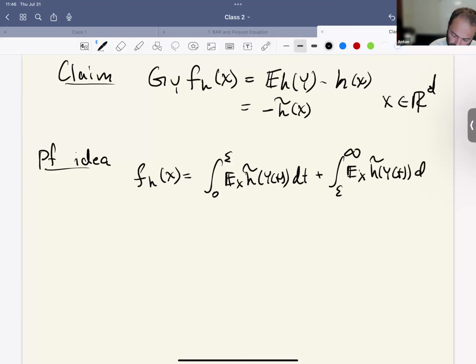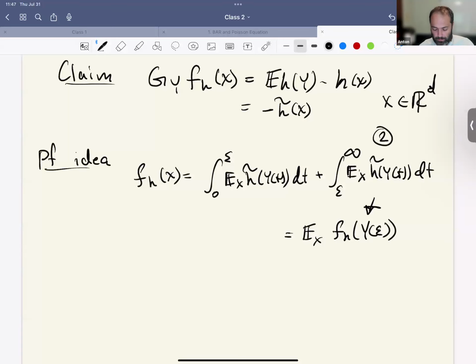This term, this is number 2 again. This equals, we take the first expectation outside. We use the tower rule, and you can show that this integral number 2, in the exact same way, just using the strong Markov property, or the Markov property even in this case, is basically looking at the value of the potential at the time epsilon.